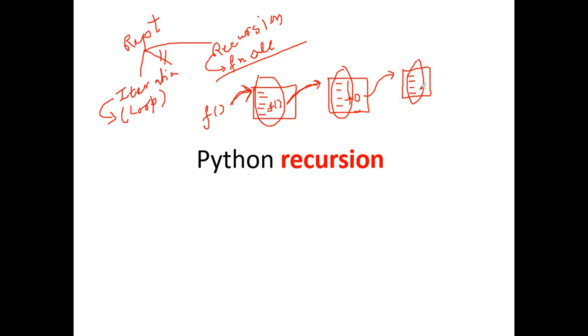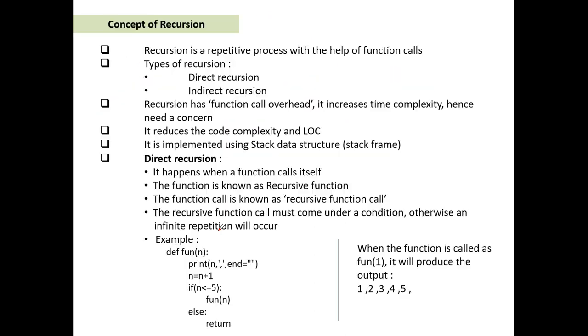What happens if this goes on, and when to stop, we will discuss later. But initially think, what is recursion? Recursion is a repetitive process which is implemented by use of function call. Okay, got it? Just one or two replies. Yes, sir. Okay, fine.